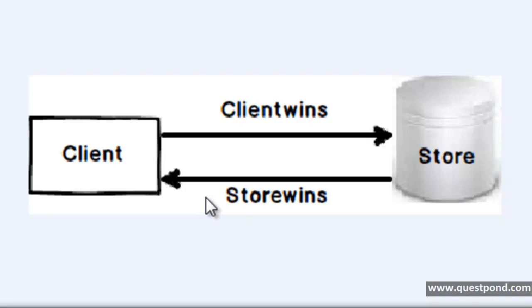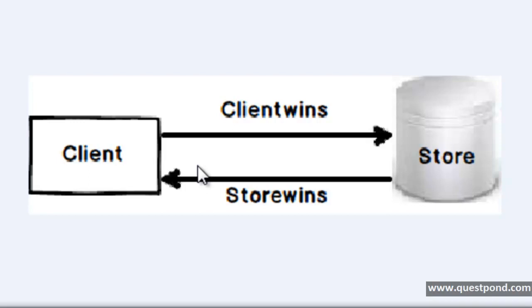So the user would like to do one of two things. He would like to update his data, that is the client data, to the database, that is to the store, or he would like to get the recent data into his client, that is the Entity Framework object. As a developer, you would have to write a lot of code to implement both of these scenarios, but thanks to Entity Framework, we need to write just a couple of lines of code.